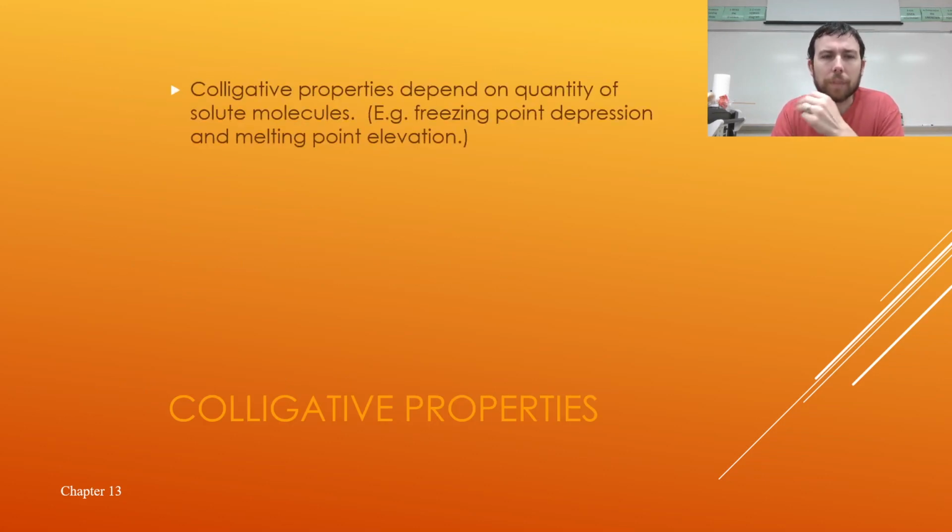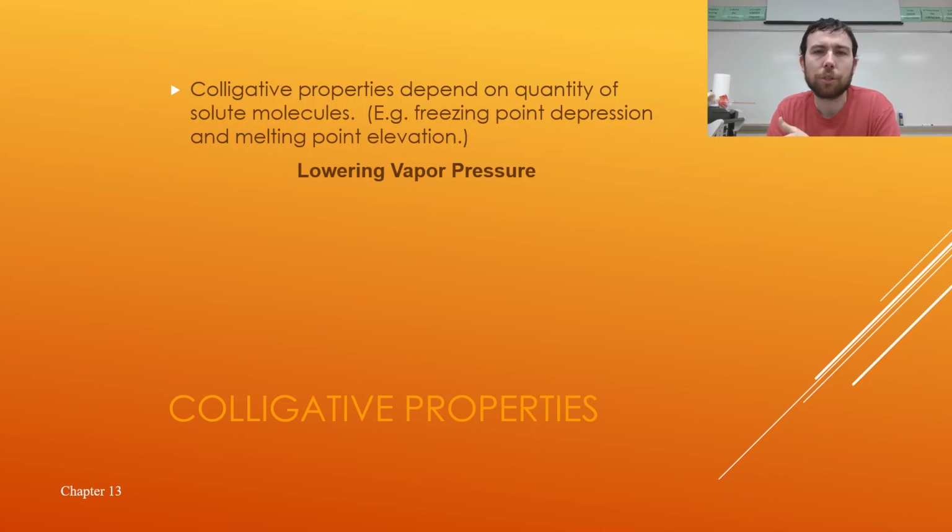Now, like we mentioned on the previous slide, our colligative properties are going to depend on the quantity of solute molecules that we have. This is very prevalent, especially in freezing point depression and boiling point elevation, right? And so lowering vapor pressure, how is vapor pressure going to be lowered?